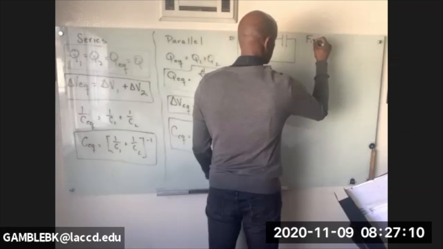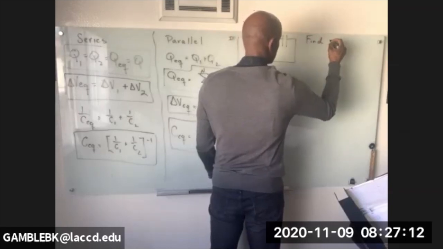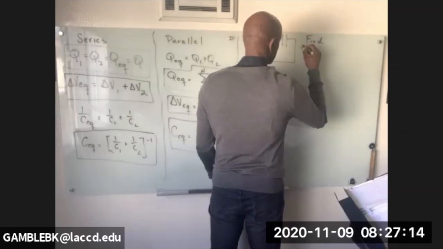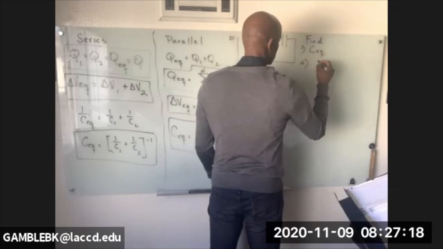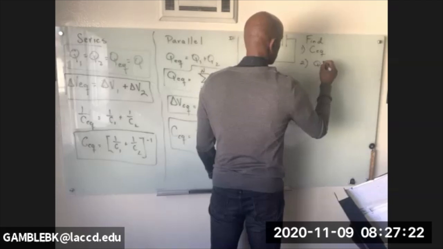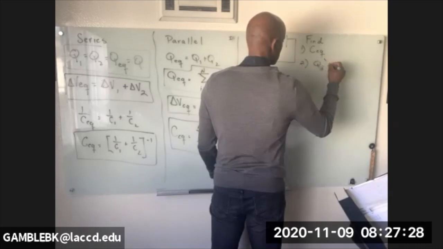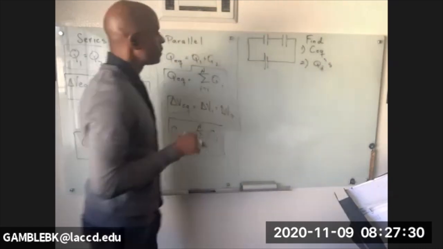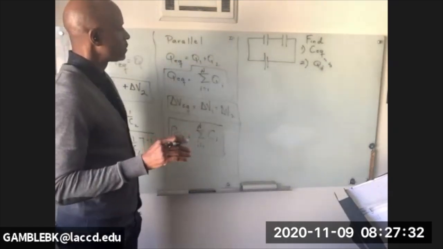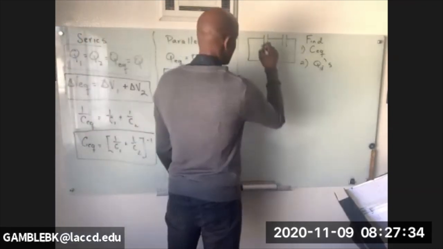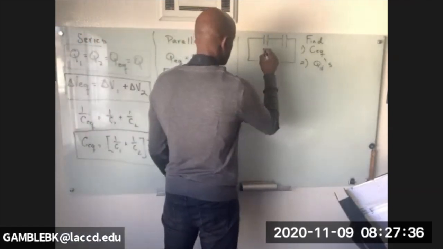So find C equivalent, and then find the Q sub i's. So we'll have a 5 microfarad capacitor.